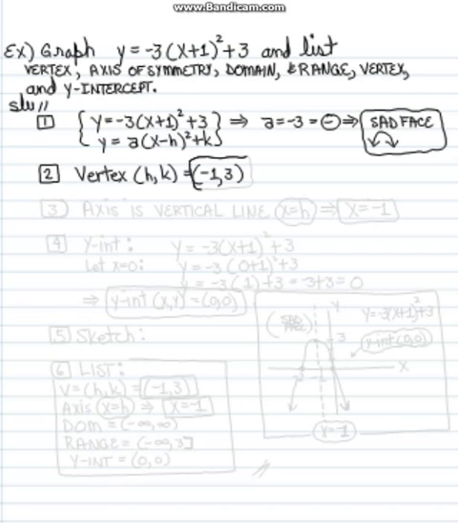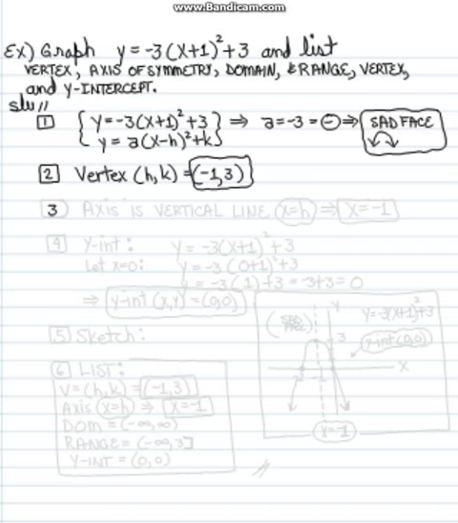It's x minus a -1, so the h value is -1. And the k value is the number being added at the end, which is +3. So the ordered pair (h, k) equals (-1, 3) is the location of our vertex.